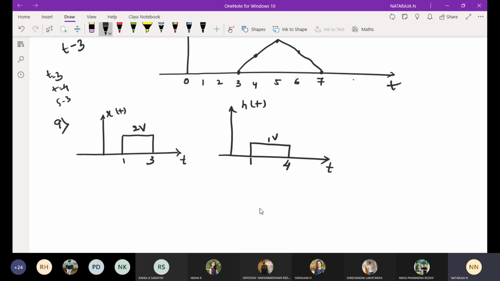One volt and 2 volts. H of t will be from 1 to 4 at amplitude 1 volt. X of t will be from 1 to 3.